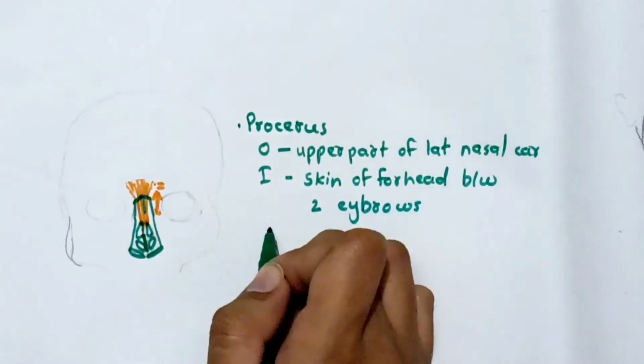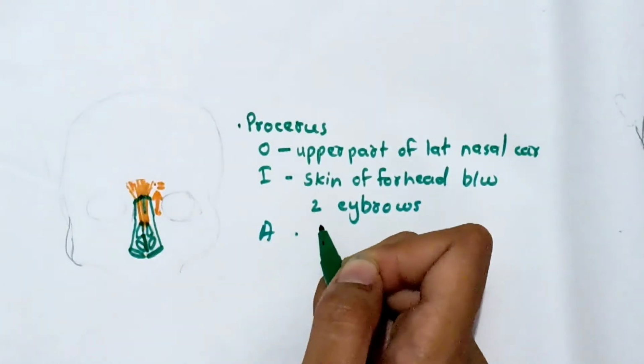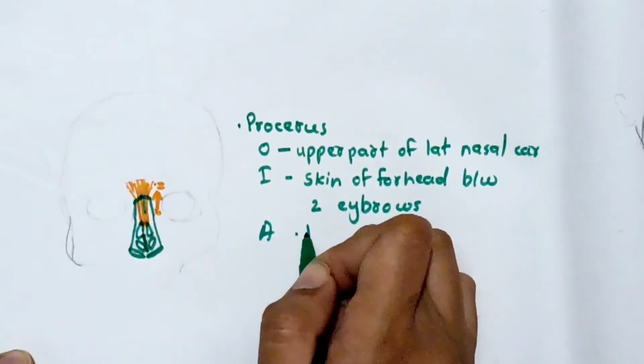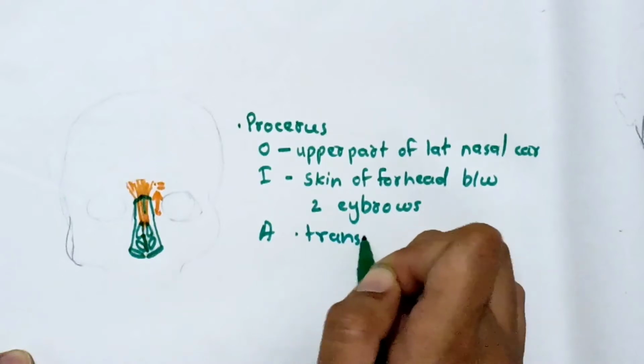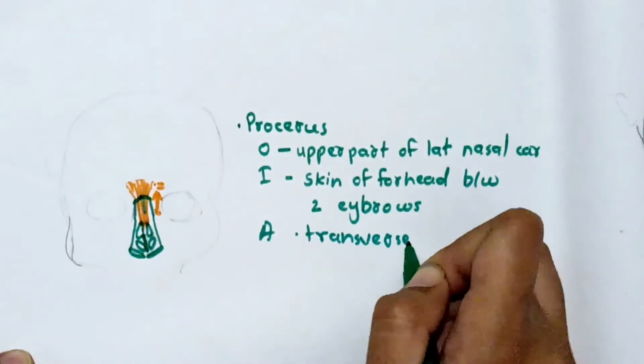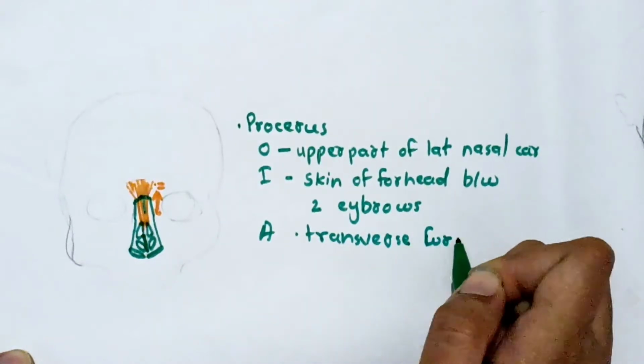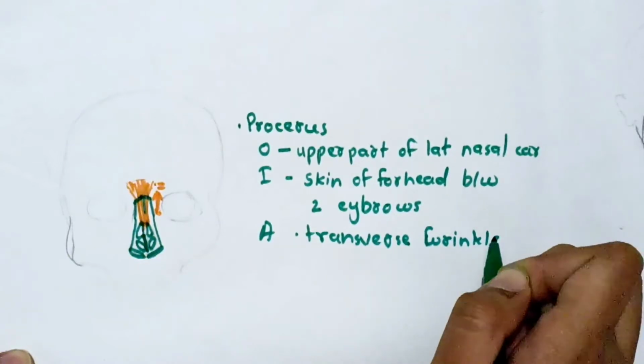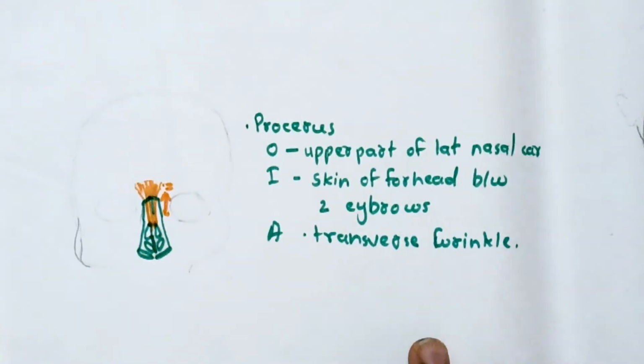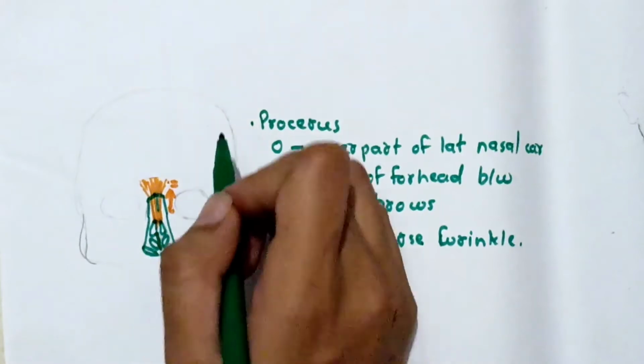And action is transverse wrinkle on the forehead. Okay, so we have completed one muscle.